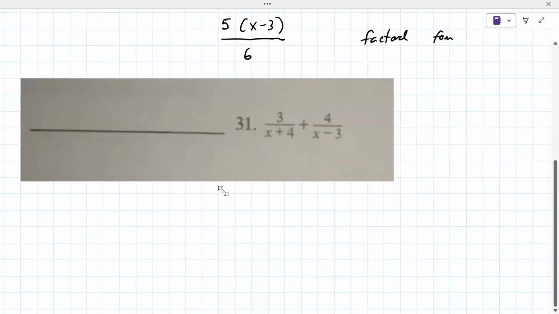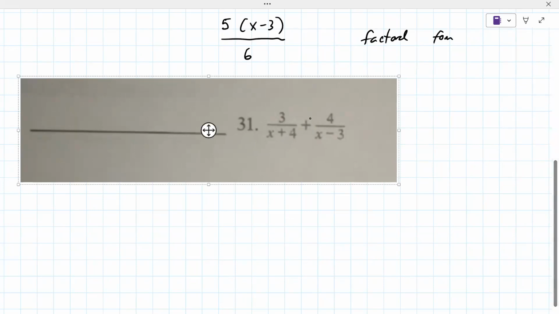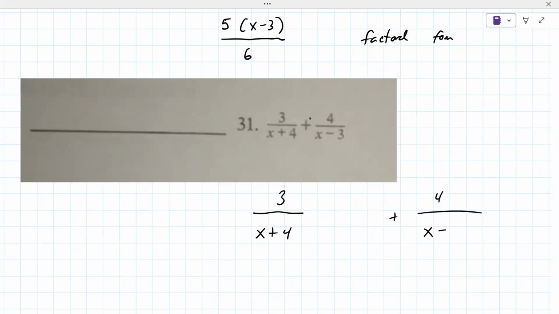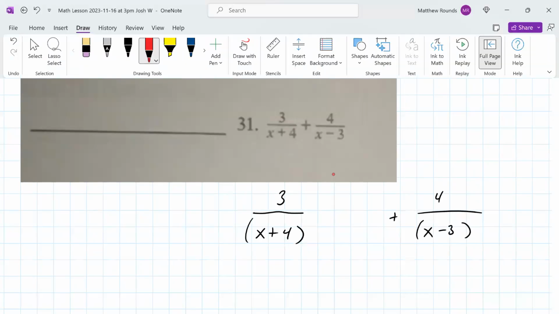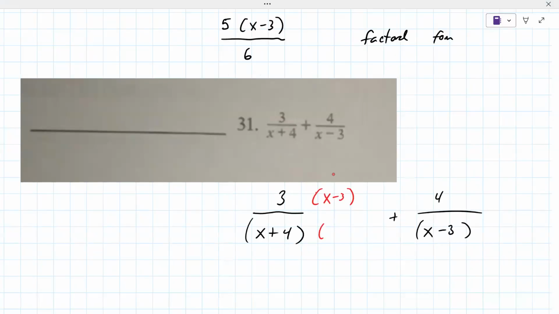Okay. So this one's adding. Adding's different than dividing. You have to make a common denominator. So your common denominator is going to be the product of the bottoms. So you multiply the top and bottom by the one that you're missing.